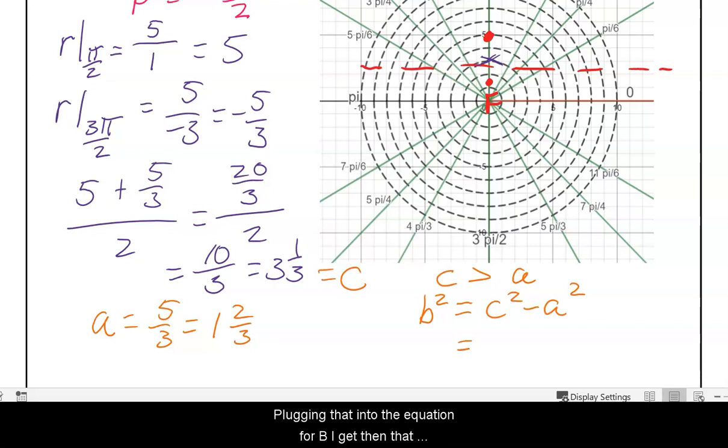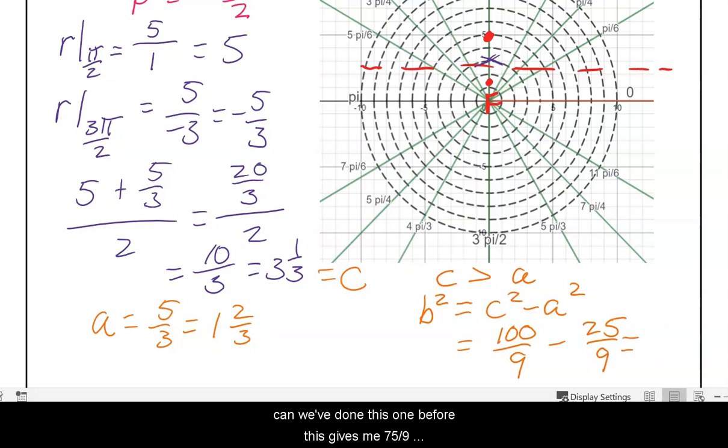Plugging that into the equation for B, I get that C squared, which is 10/3 quantity squared, is 100 over 9, minus the 25 over 9 that I get from A squared.